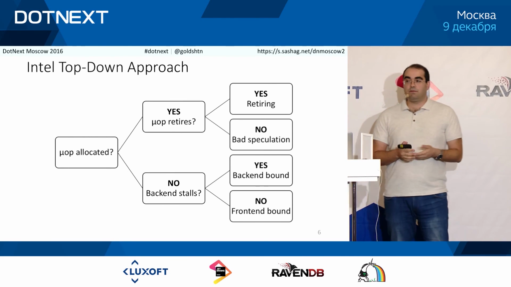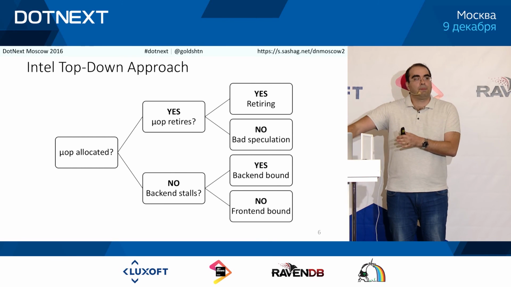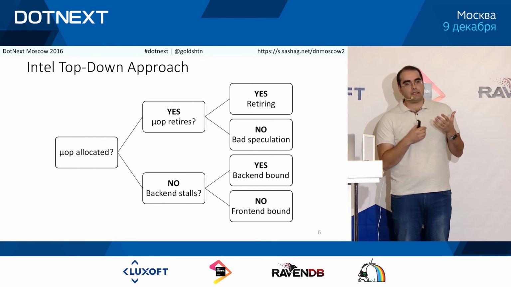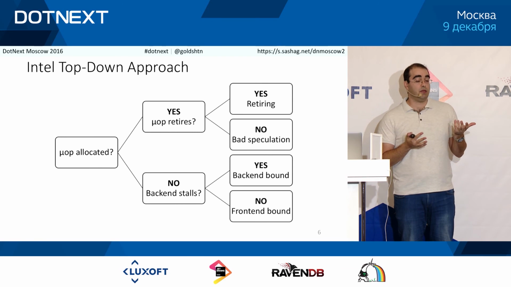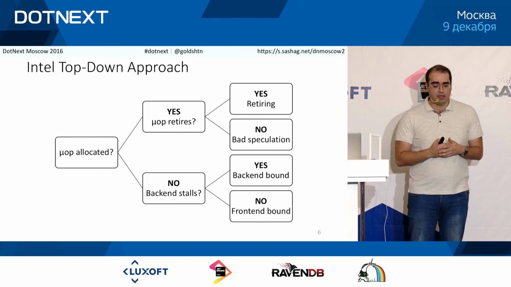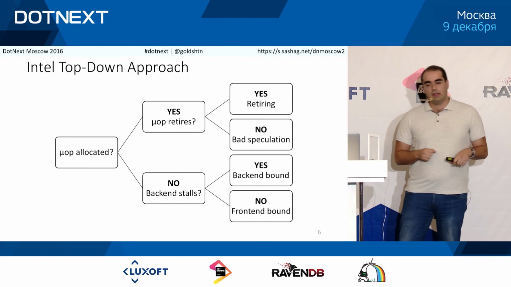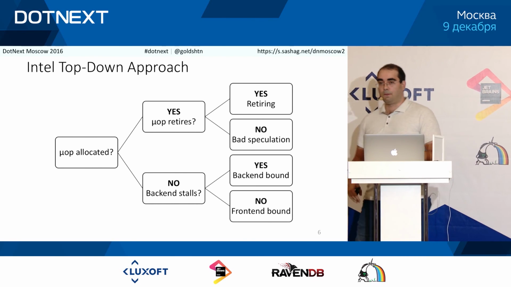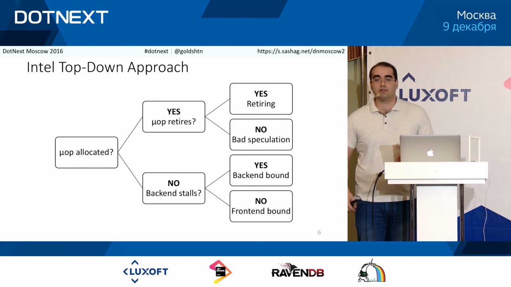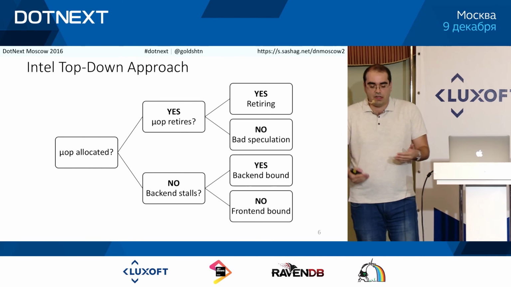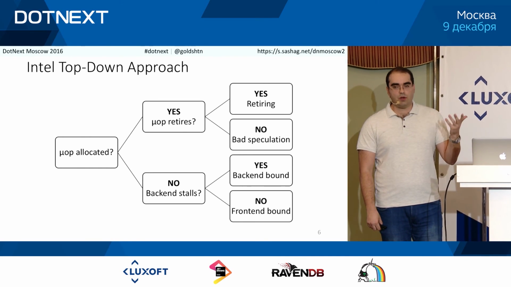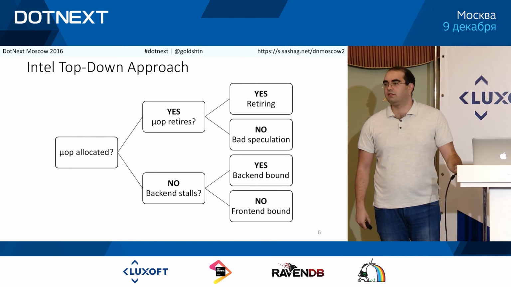However, it's also possible that you threw away a micro-op because it didn't end up necessary, essentially. You did stuff with that instruction, but then you figured you don't need it anymore. And this is a result of bad speculation. You thought you would need this instruction to execute, and you started executing it, but then you had to throw it away because, nope, you don't need it, in fact.